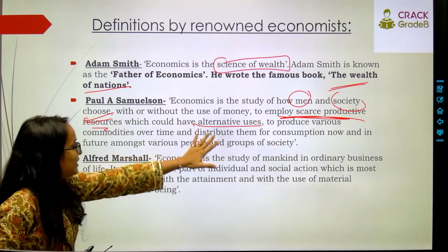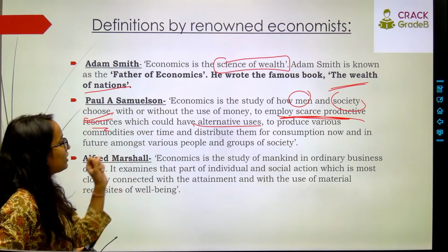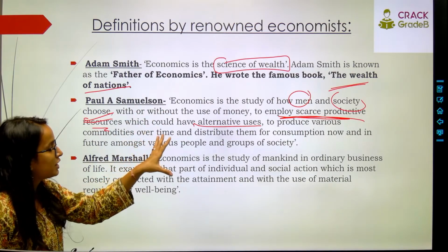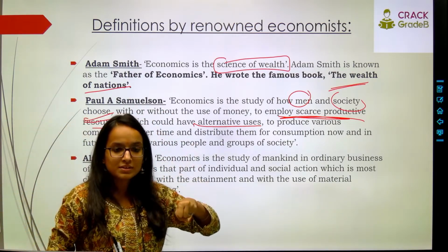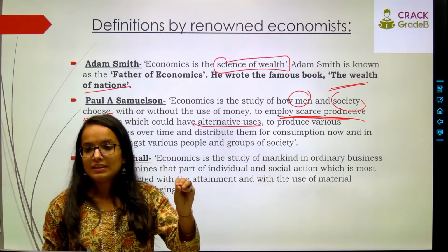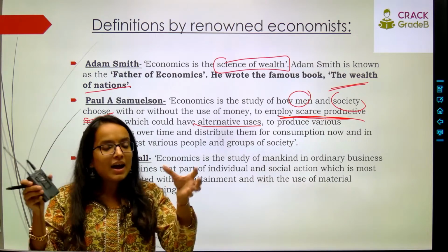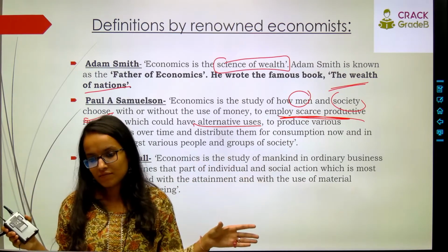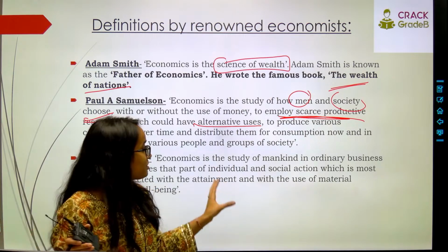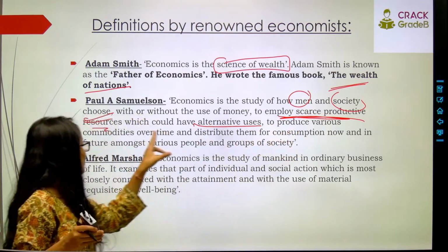You can witness here that according to Paul A. Samuelson as well, economics is a study of how man chooses to employ the hard-earned money between alternate options which she or he has, because we have scarce productive resources.